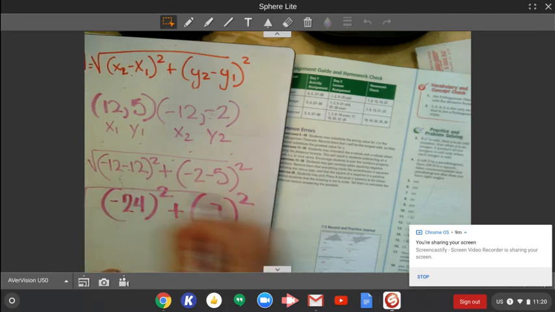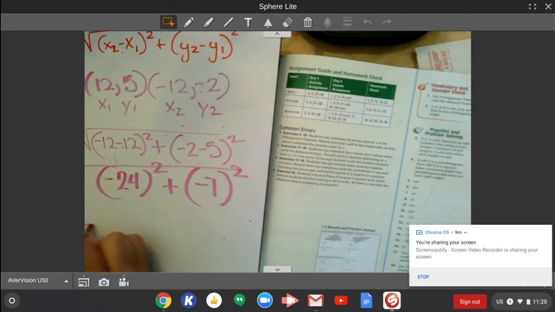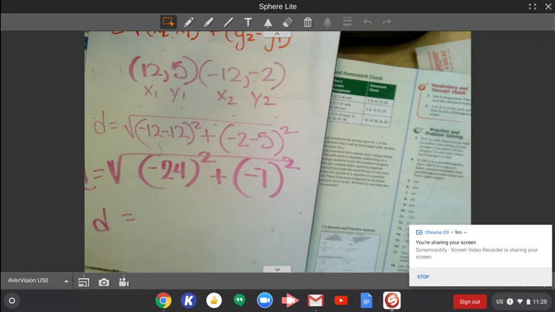And put the square root on top. Remember, your answer is going to be left as a square root. Okay, so I'm going to do negative 24 squared plus negative 7 squared. So it should be, remember your answers are positive because a negative times a negative is positive. 625.